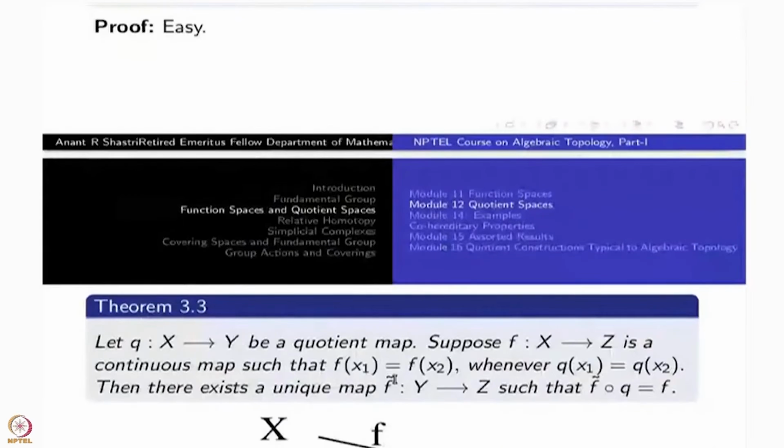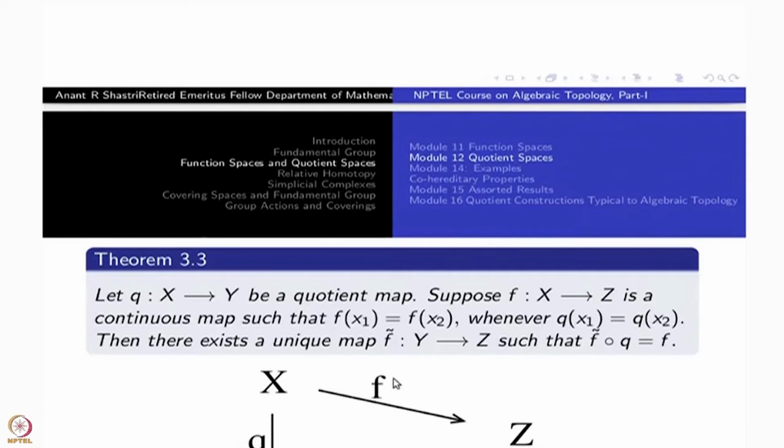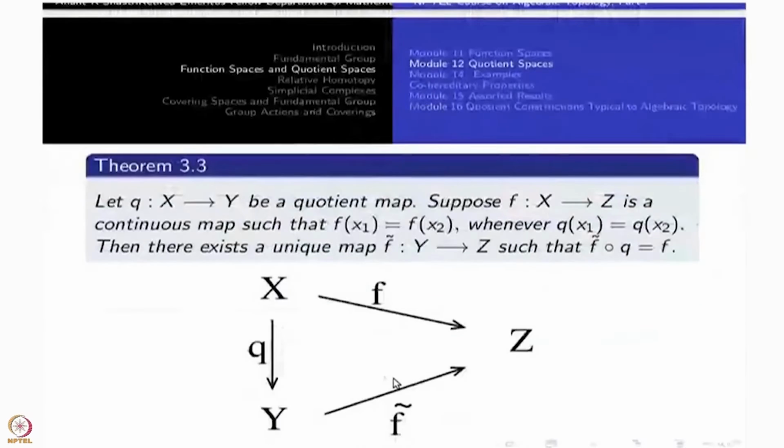One more criterion, so this will be the fourth one, which is called in some parlance the universal property of the quotient map. So let us go through this one carefully. You start with the quotient map.